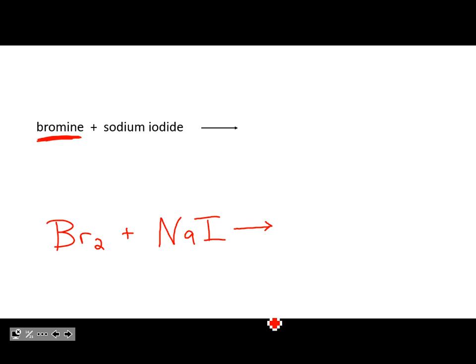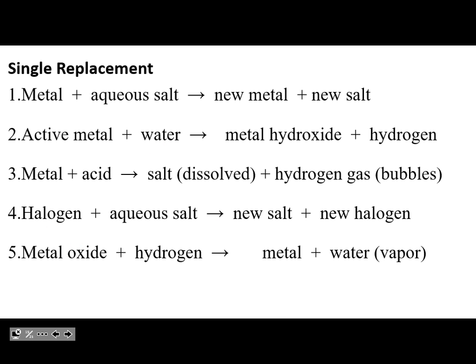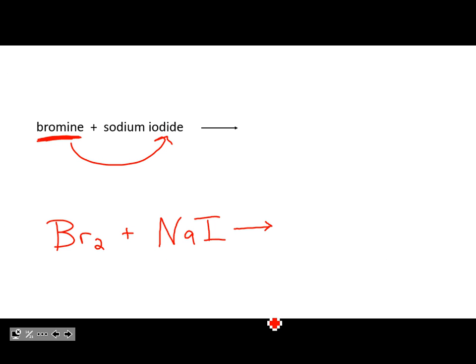No. Bromine is going to try to replace the iodine. This is number 4. If it occurs, I get a new salt and a new halogen. If bromine is active enough, it will replace the iodine.